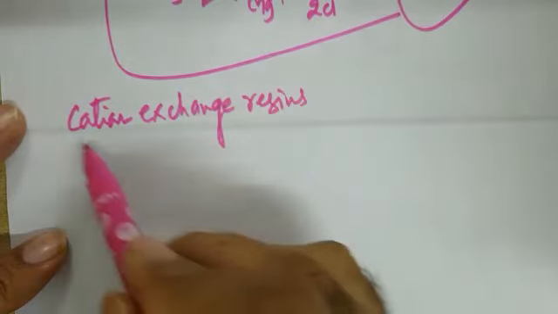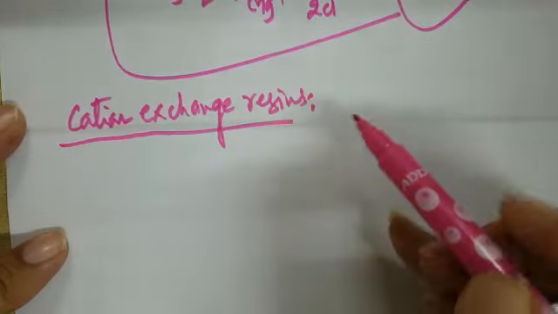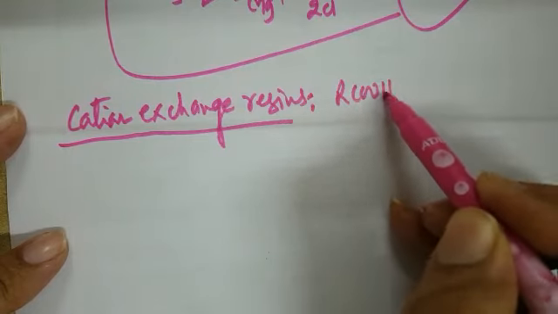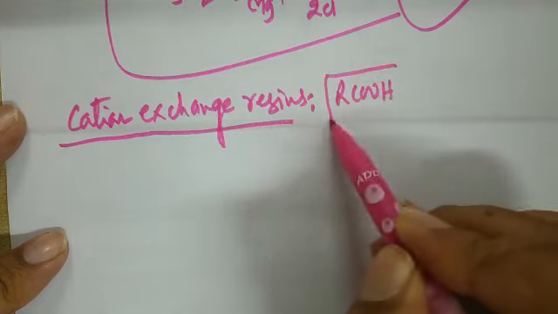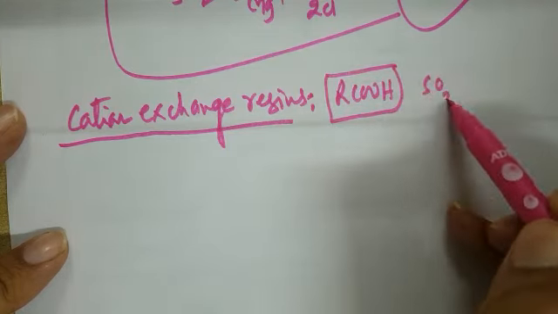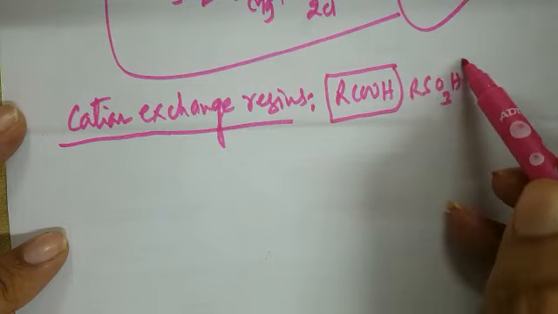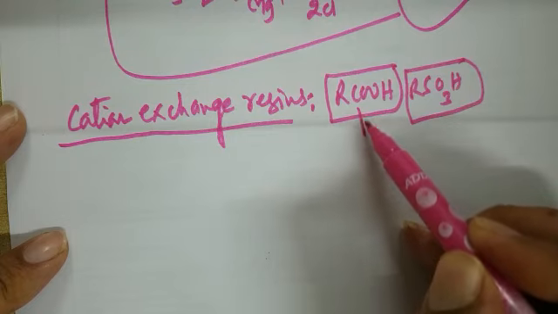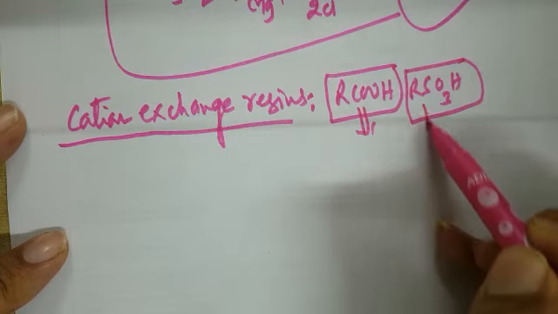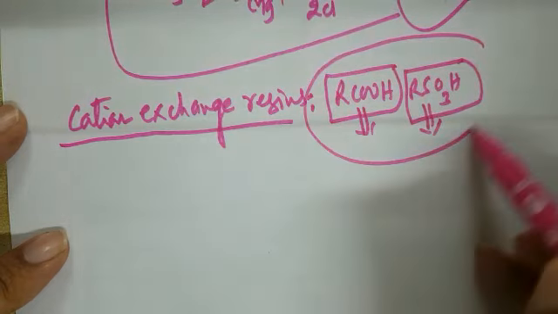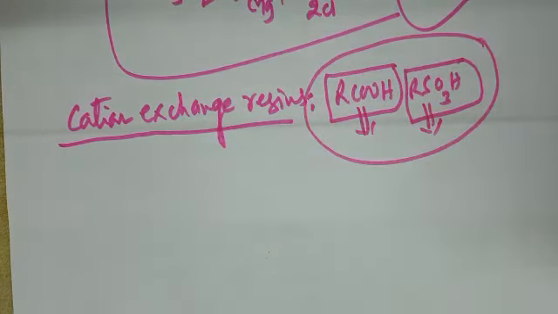Carboxylic acids, COOH, and sulfonic acid, SO3H, act as cation exchange resins.